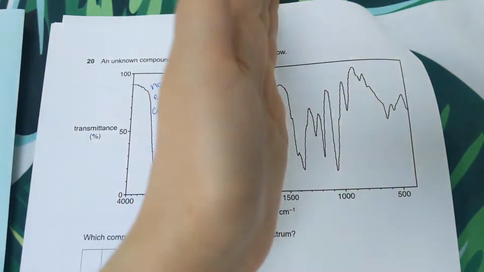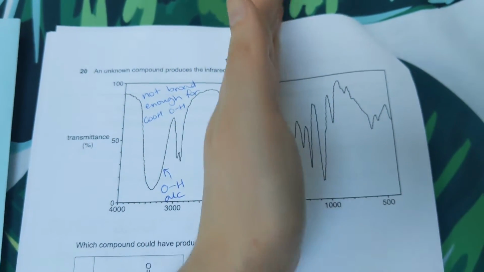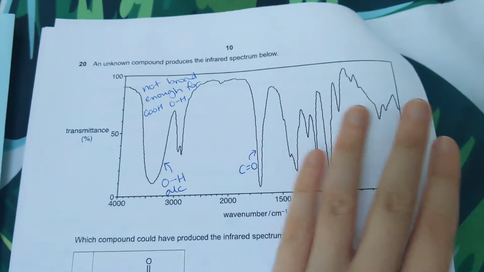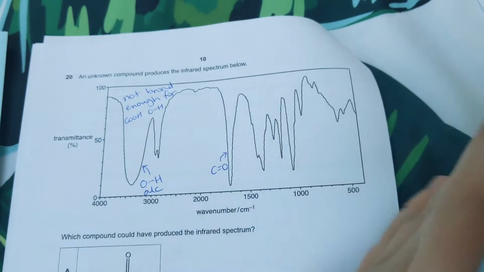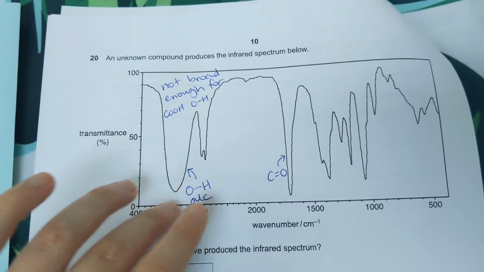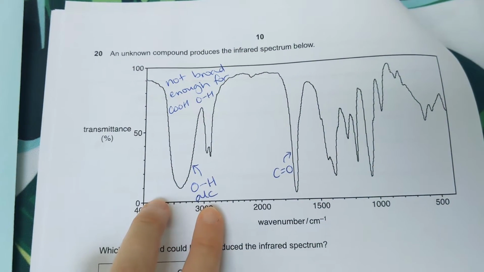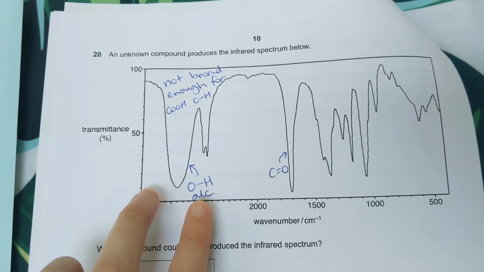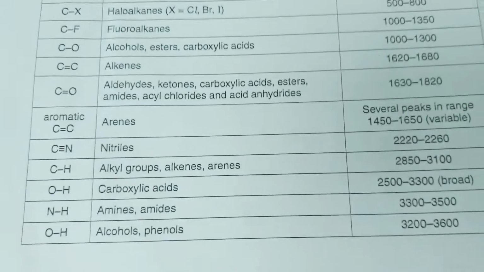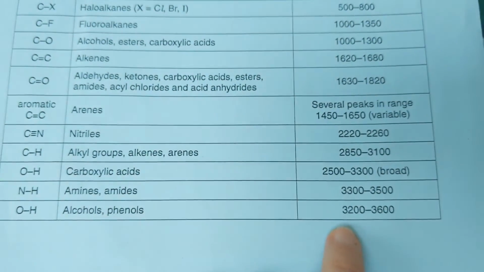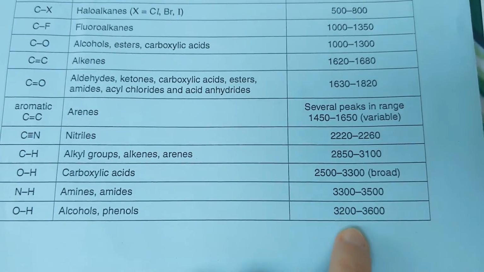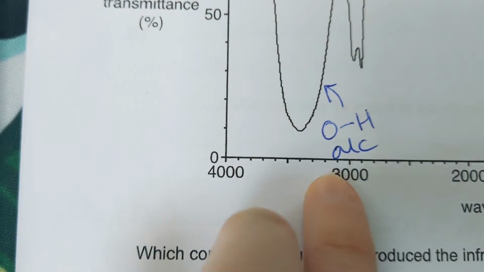So anything below 1500-ish is called the fingerprint region, and we normally just ignore that. So this absorption here in this range is characteristic of an OH absorption. And if we look at our data sheet, it's in the range 3200 to 3600, which it matches on here.